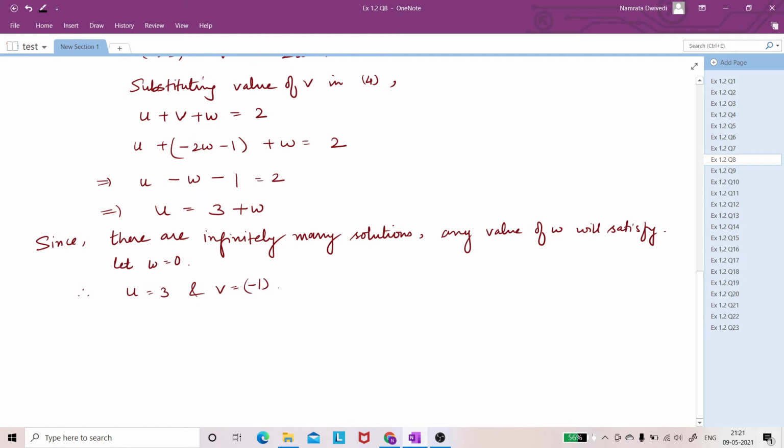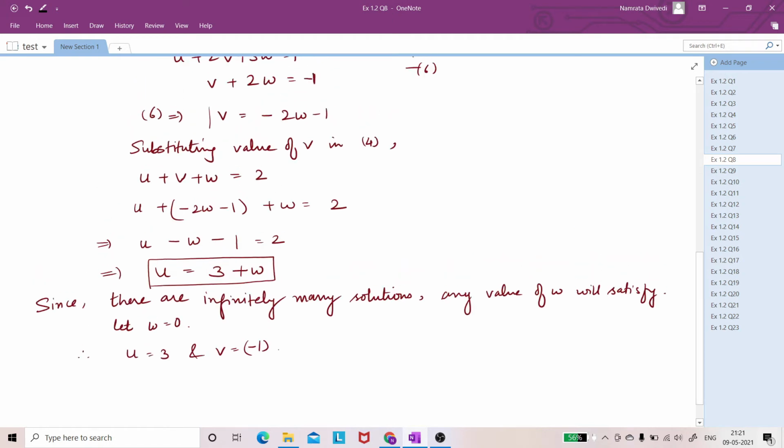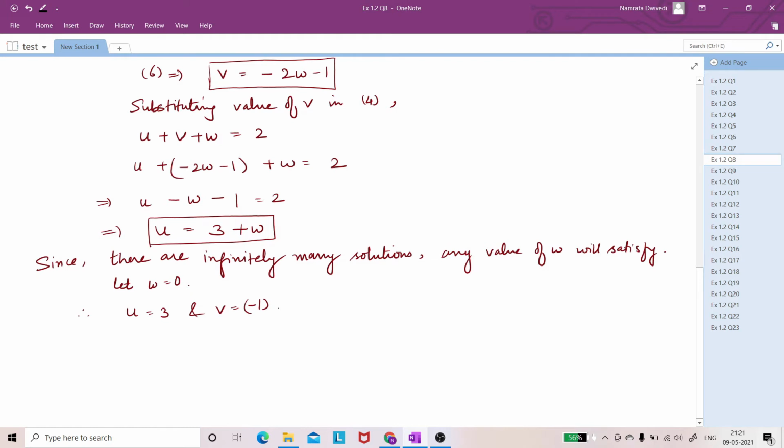By substituting w is equal to 0 in these two values, we have got u and v. That means one of the possible solutions for equations 4, 5, 6 is 3, minus 1, 0.